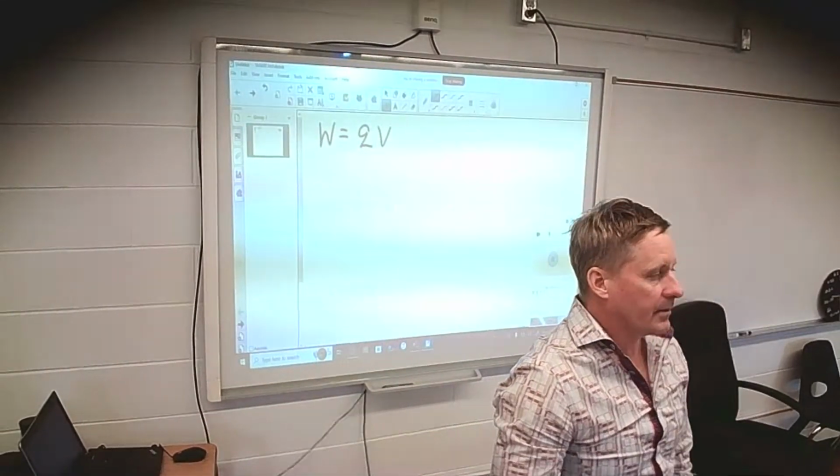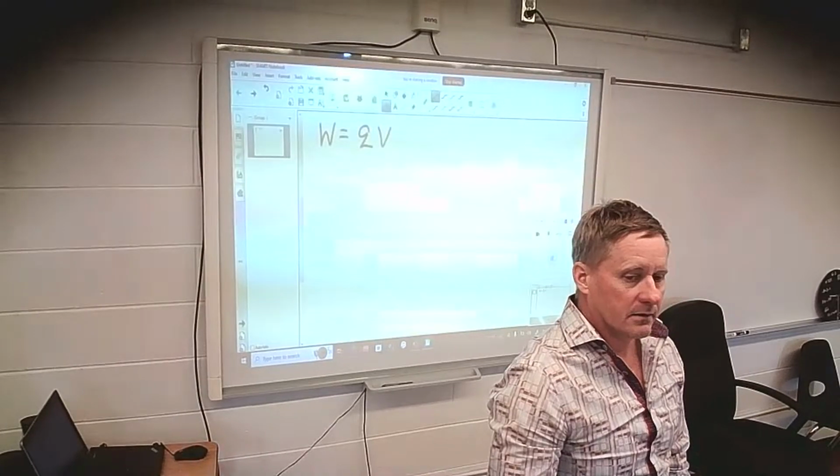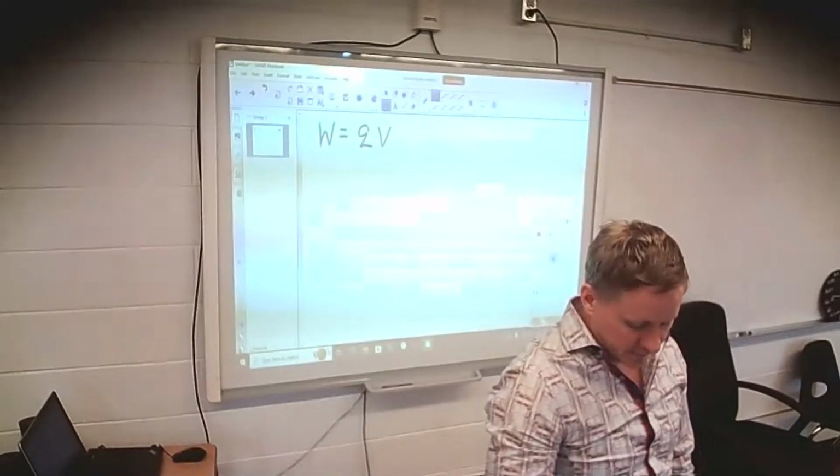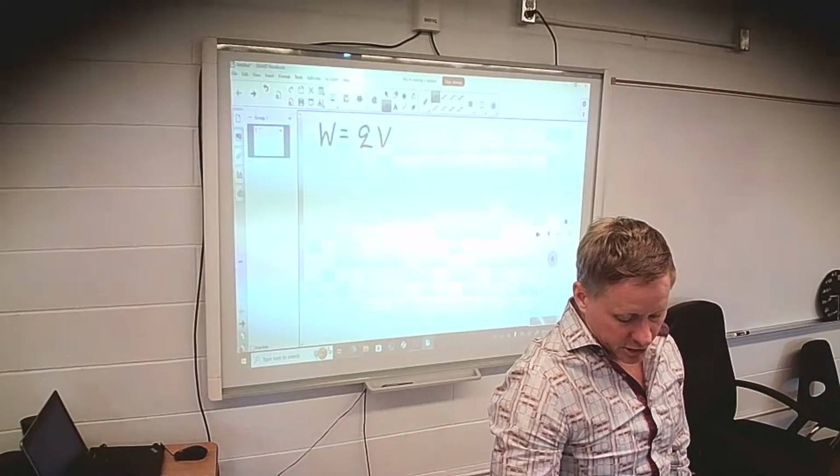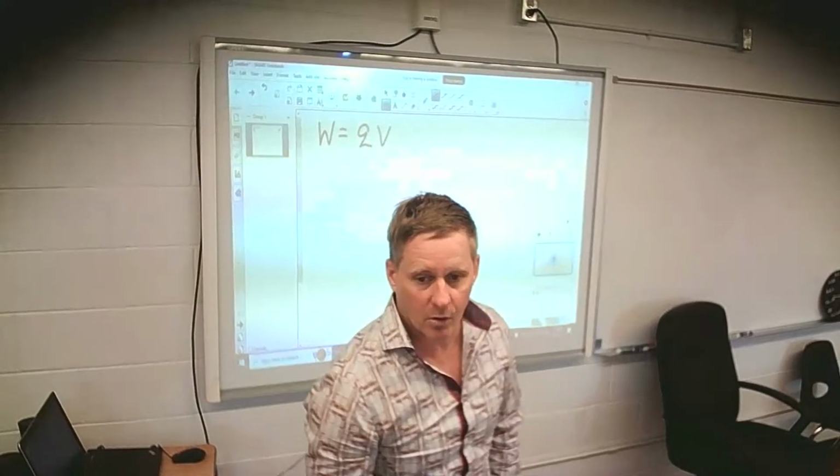So W equals Q times V. That's work is equal to the charge times the potential difference. So 1 joule of work is done when 1 coulomb of charge is moved through the potential difference of 1 volt.